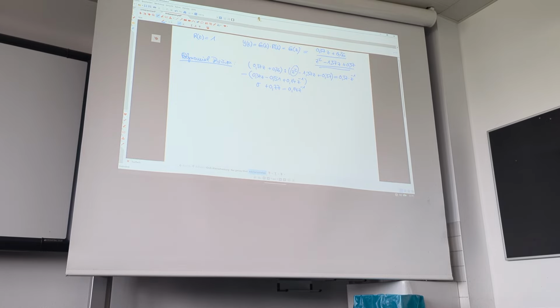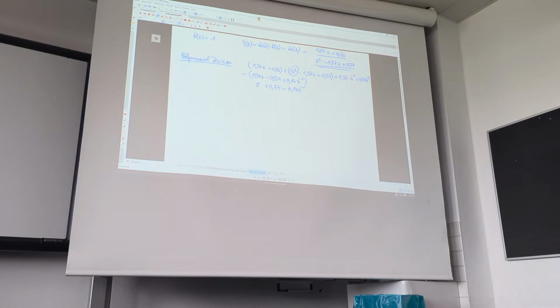And now we can do the same again. Now the goal would be to eliminate this 0.77. That means we have to multiply with 0.77 times z to the power of minus 2.